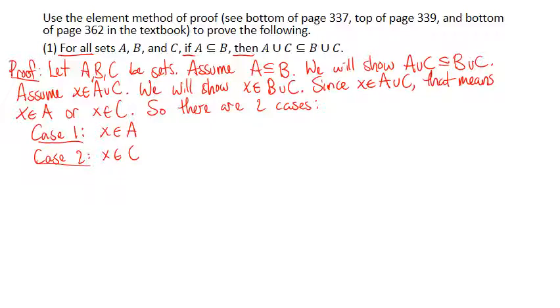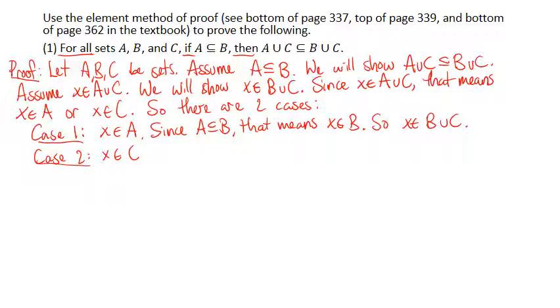Okay, so first of all, if X is an element of A, what does that tell us? Well, since A is a subset of B, that would tell us that X is also an element of B. That's what it means to be a subset. That means everything that's in A will also be in B. Okay, so if X is in B, then X is in B union C, since B union C includes everything that's in B. Okay, so that case is finished.